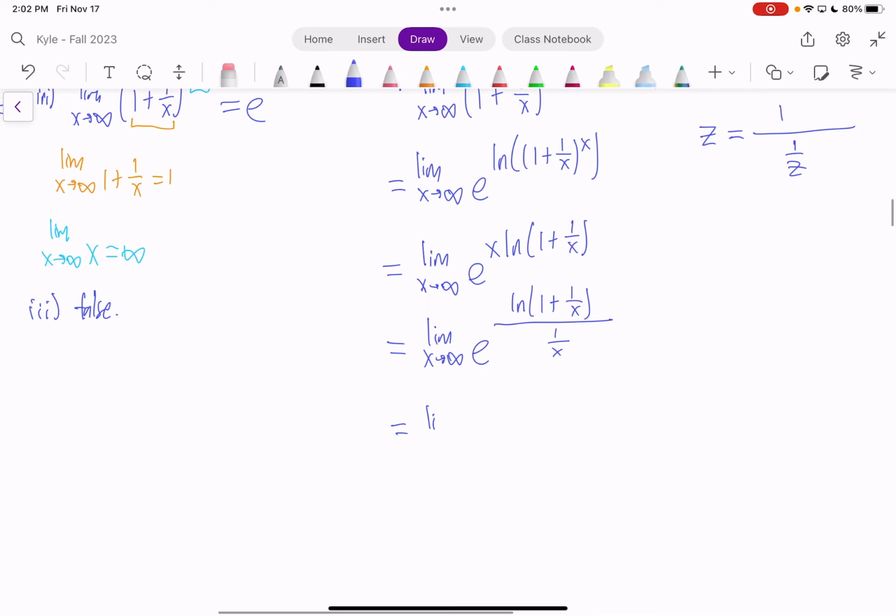I'm also going to push this limit inside the e. We can do this because e to the something is a continuous function. So we have e to the limit as x goes to infinity of ln of 1 plus 1 over x, over 1 over x.